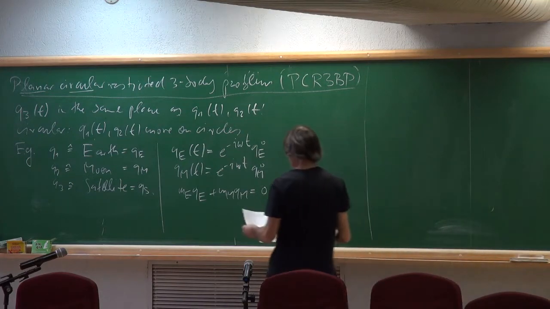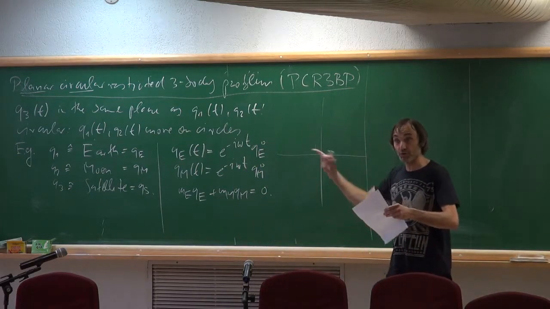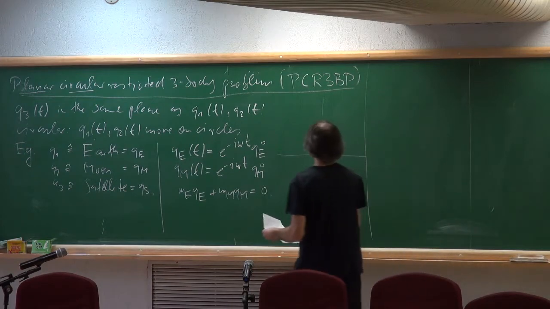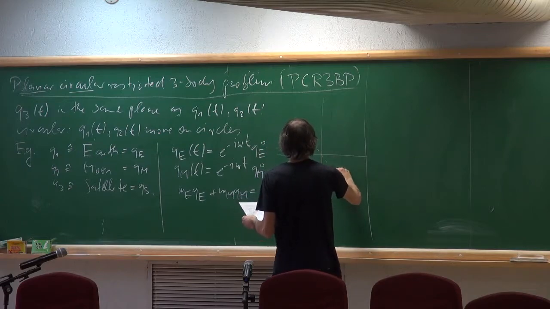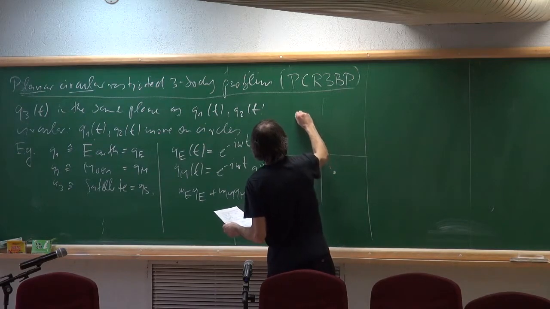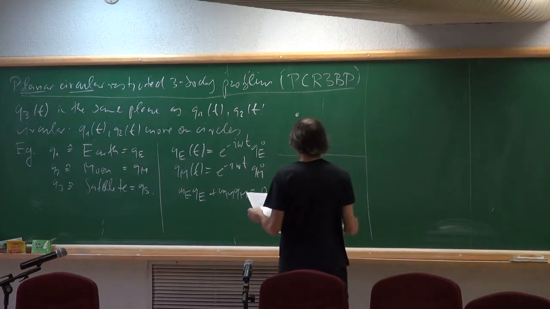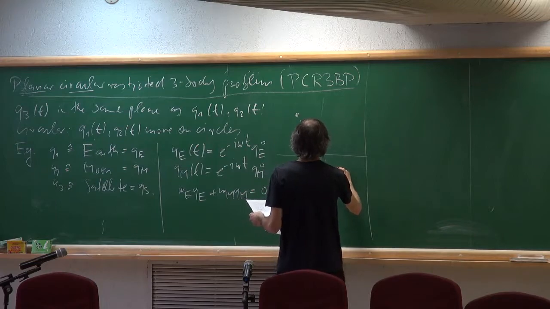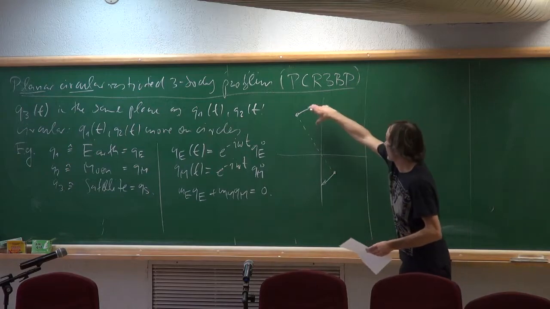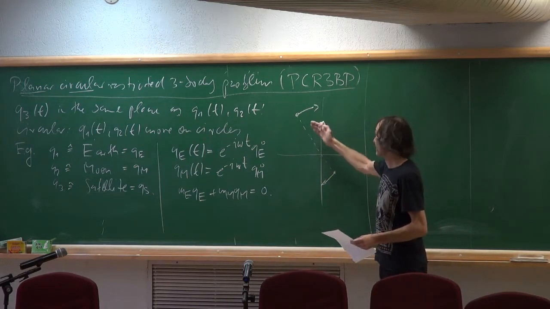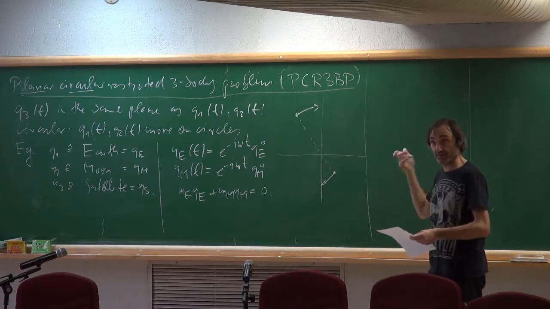And now, let me draw a picture of just, let's first look at the motion of the two heavy bodies before we go to the third one. So they are somewhere, the center of mass is at the origin. So one of them will be maybe closer, the other one will be further away if they don't have the same masses. So they are moving like this and like this. And then they have the mutual attraction, and that must be equal to the centrifugal force. So we can write this equation down.